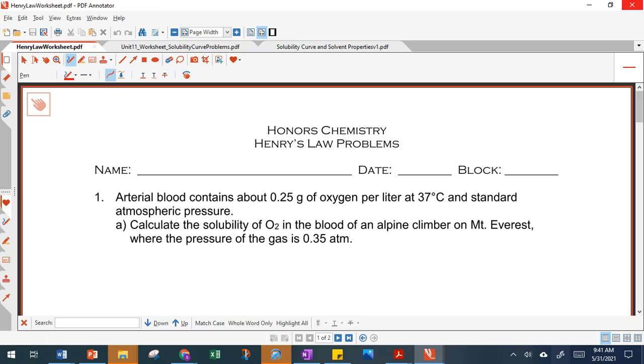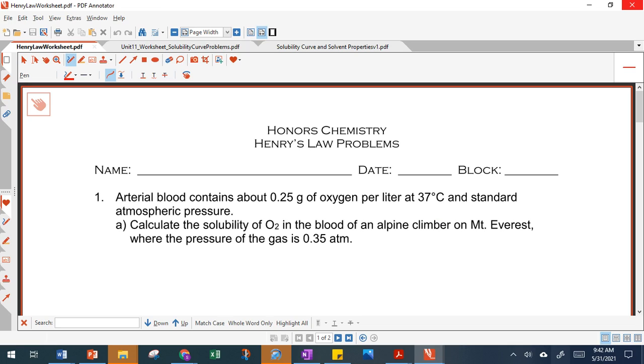It will vary depending on the problem. You will also have a pressure. Sometimes it'll be atmospheres, sometimes kPa. In each case, you need to make sure your pressure units and your solubility units are the same. If they're not, you're going to have to get them into the same unit. Sometimes they will also include the temperature, and that is just extra information, so you can ignore it.